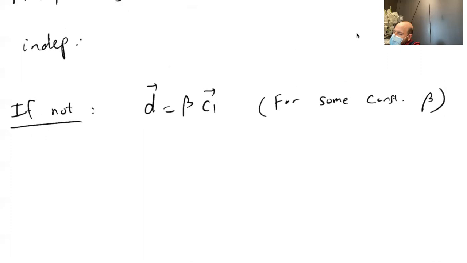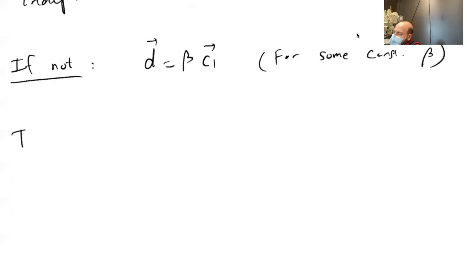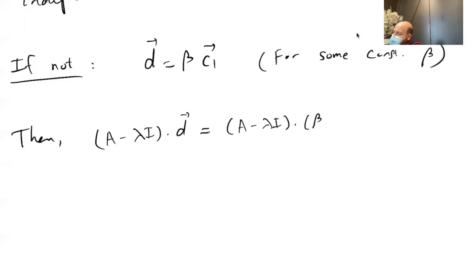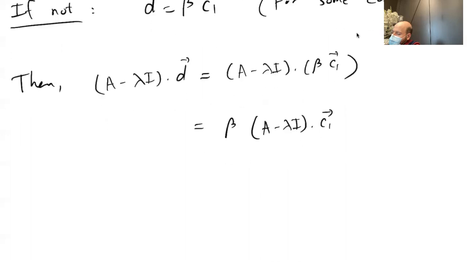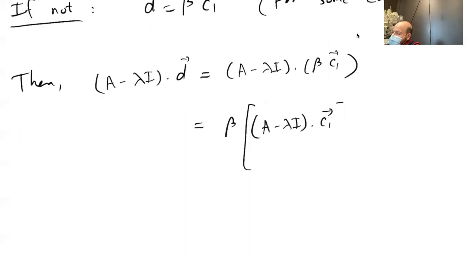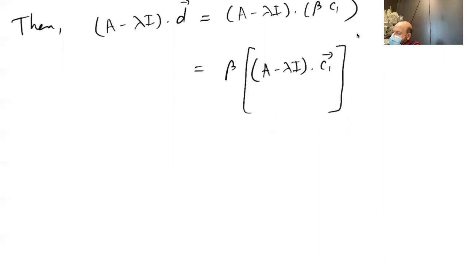Now, what can I say about A minus lambda I times D? Then A minus lambda I times D will be equal to A minus lambda I times beta C1. D is same as beta C1, and then I can take beta as a constant, take it out. So beta times A minus lambda I times C1. And what can I say about A minus lambda I times C1?